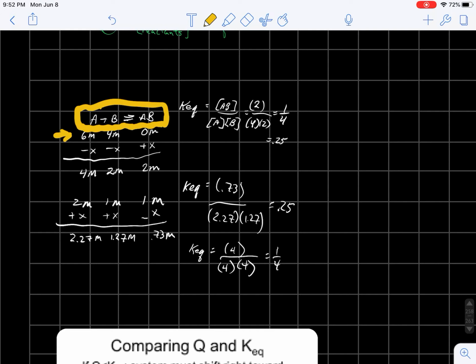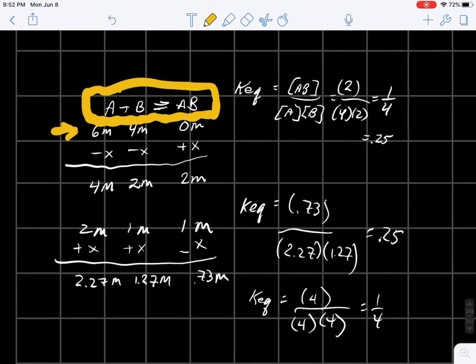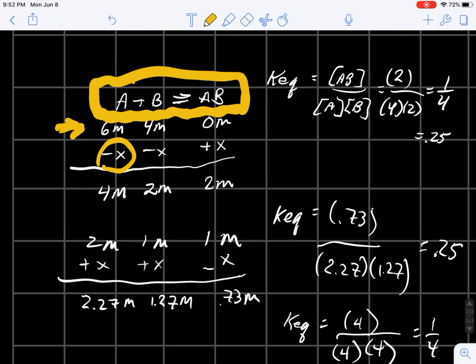Once it reaches equilibria, the value of the reactants and products will stay the same. So in this particular case, we know we're going to use some chemical A, and the reaction is 1 mole of A plus 1 mole of B. So whatever amount of A we lose, we're going to lose the same amount of moles of B. And it also produces 1 mole of product. So we're going to gain that many moles of AB.